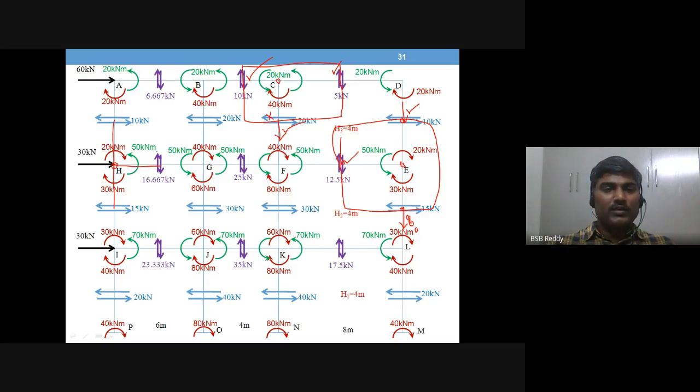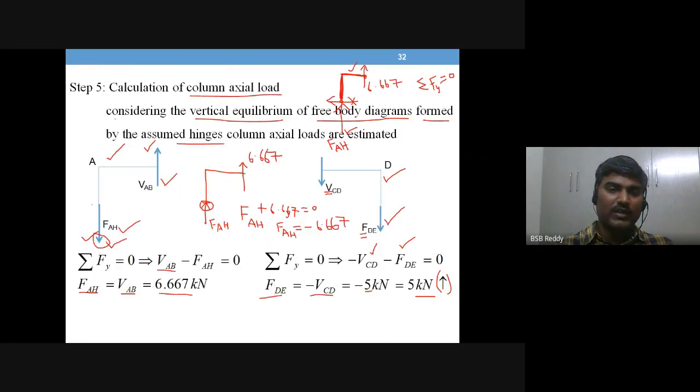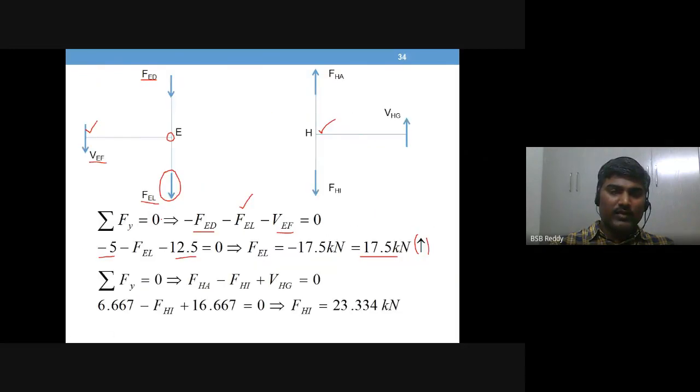Okay, so 16.667 upward force here, and the axial load from the earlier calculation. AH, you have the value for AH. So you have axial load AH 6.667. Okay. And I'll make it clear how you take that AH value.